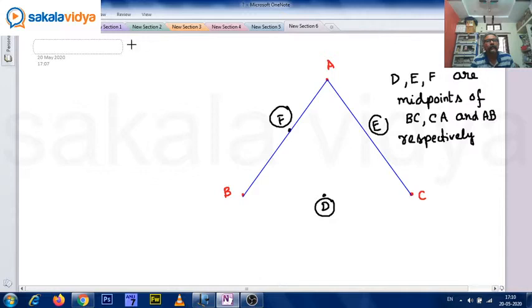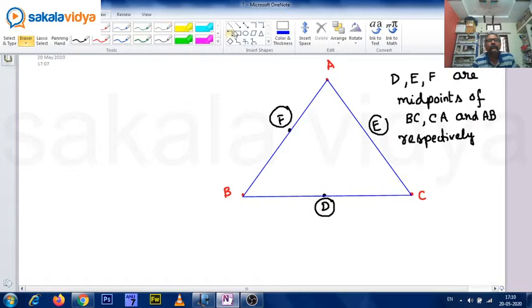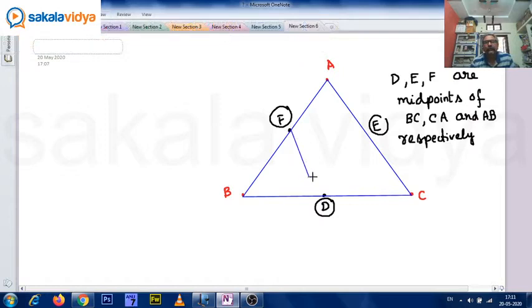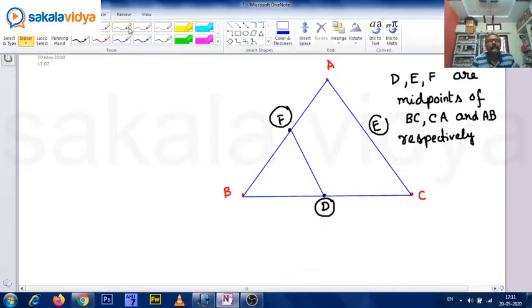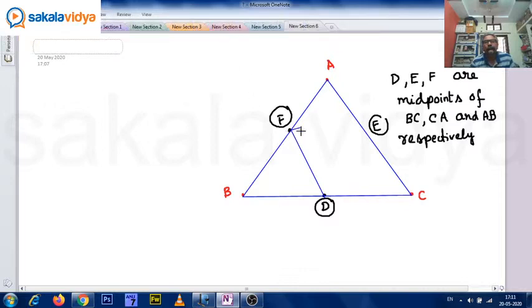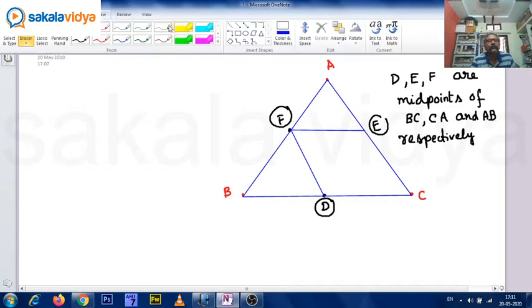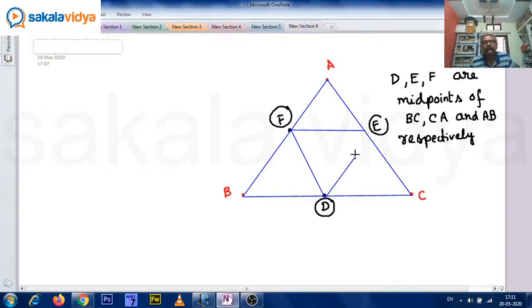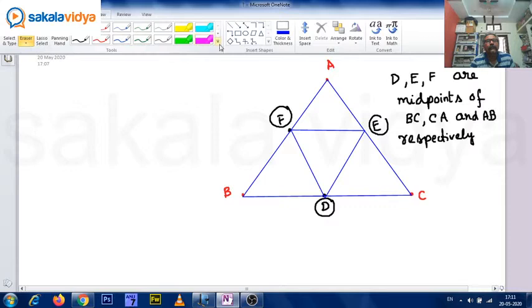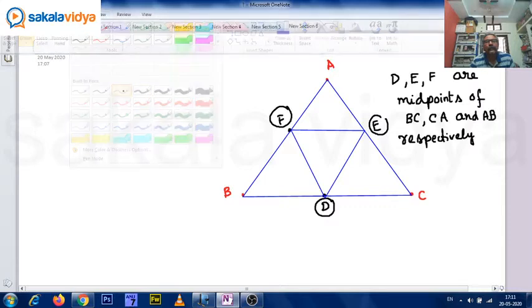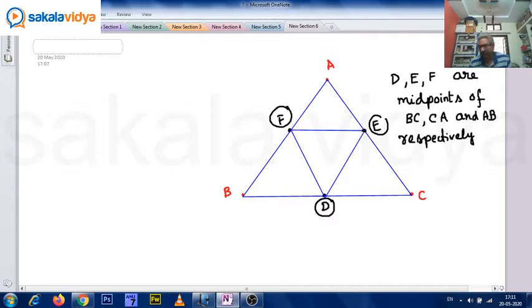Okay, so now you join D. So for example, this is the E point.